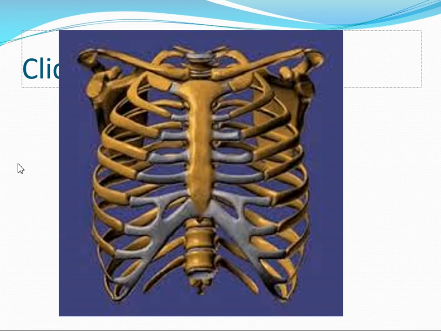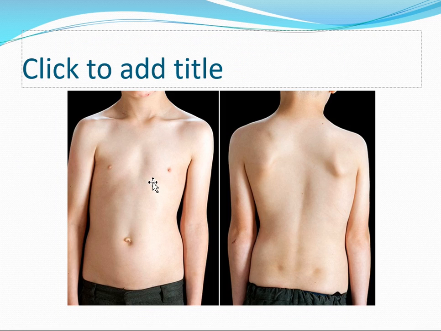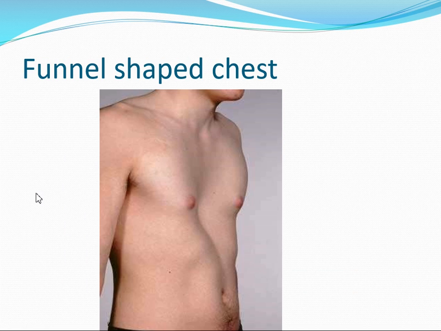In the upcoming pictures, you can see a tilt. Here you can see a slight lateral bending. Then here is an exaggerated depression of the lower part of the sternum, and this is known as the funnel shaped chest.